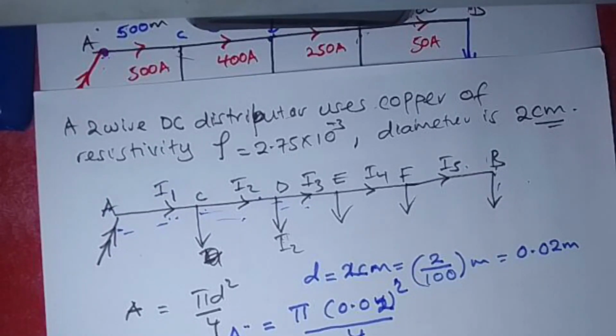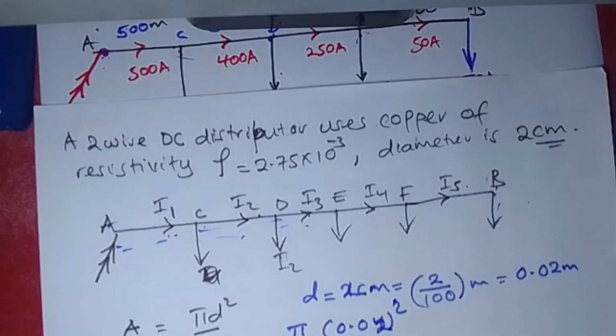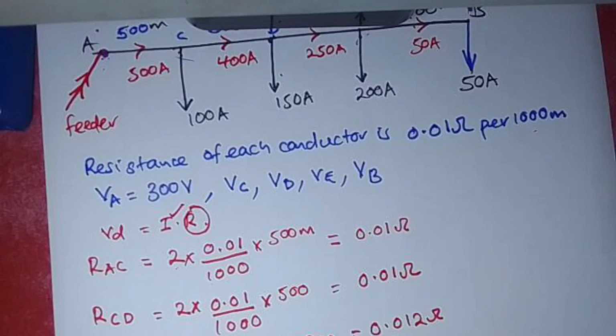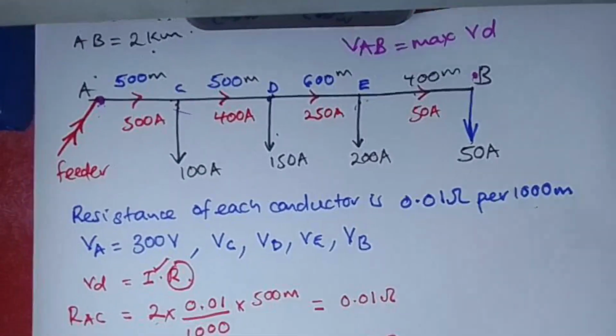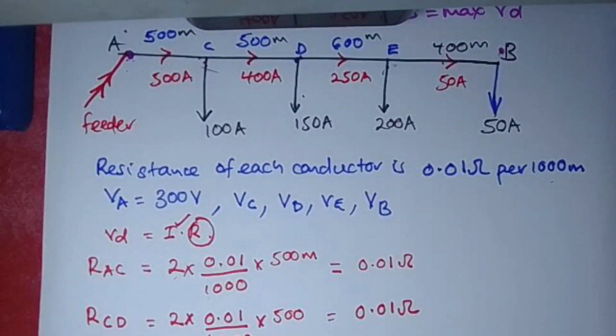Now I'm going to move to distributors fed from both ends, and maybe we can see how to calculate for that drop in case we are asked to. So with that, allow me to move on.